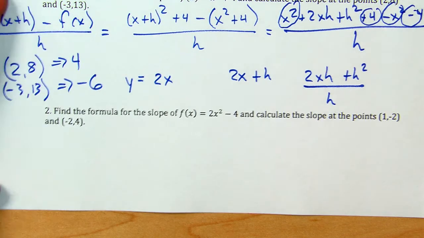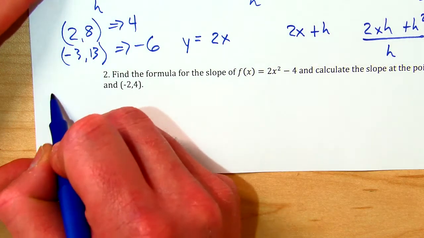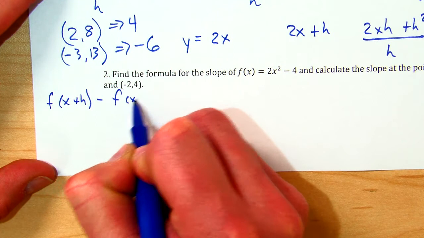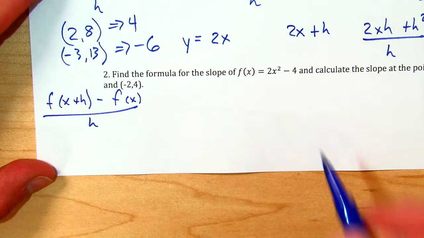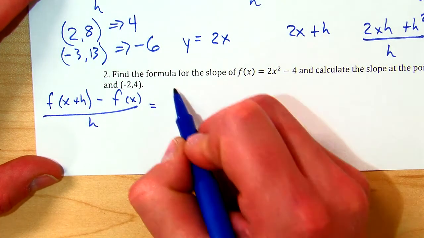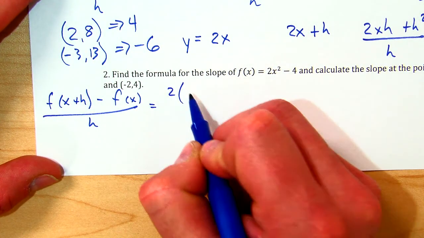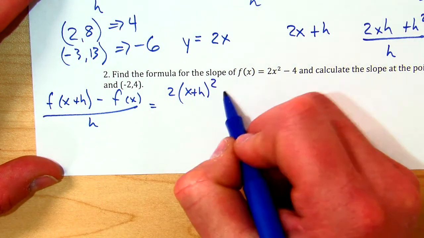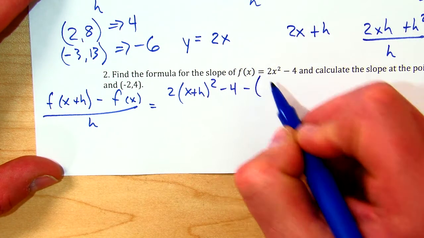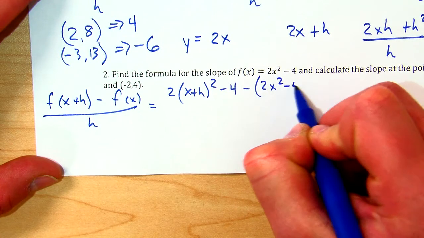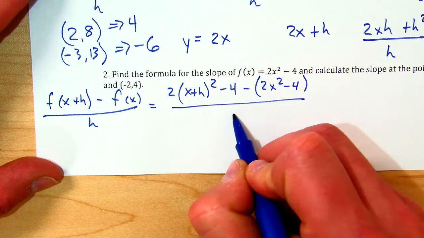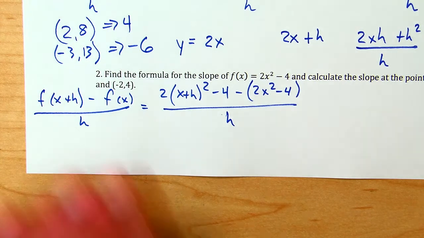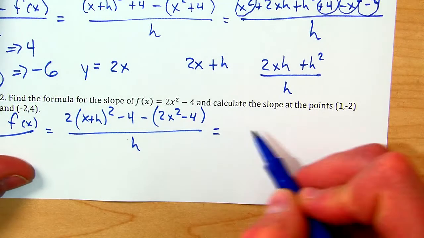So we'll start with the same formula, f(x+h) minus f(x), over h. In general, I have 2(x+h) squared minus 4, minus, in parentheses, 2x squared minus 4, over h. Well, it gets to be quite a bit to simplify, but we can start to see some patterns.